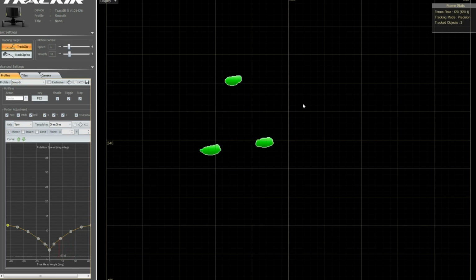This gives me some false reflections right here, and things like those can cause issues. These issues can mean that TrackIR loses the connection or is not sure about the position of these lights anymore, and you see how they turn red if I get into a weird angle.